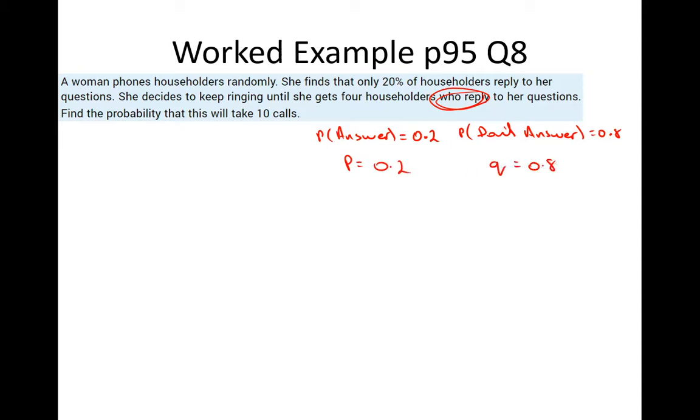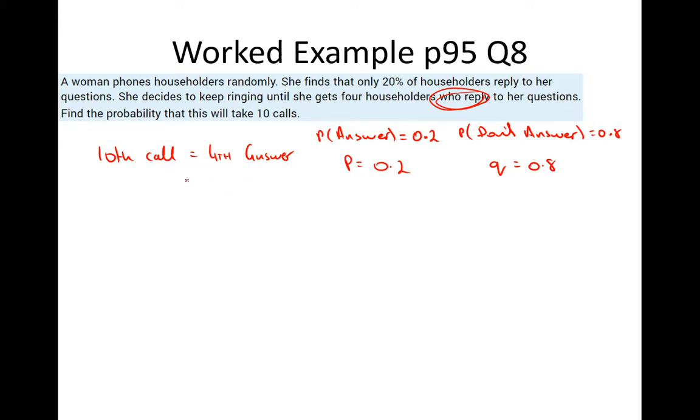How many times? Well, it says that she's going to keep ringing until she gets 4 householders who reply to her questions. Find the probability that this will take 10 calls. Now, on the 10th call, what do I want? I want my 4th answer. See that? So on the 10th call, I want my 4th answer.